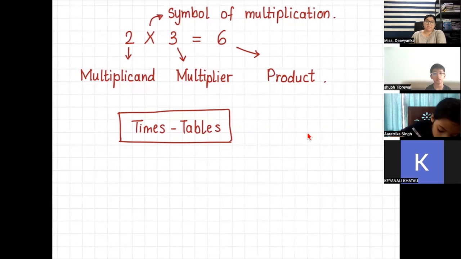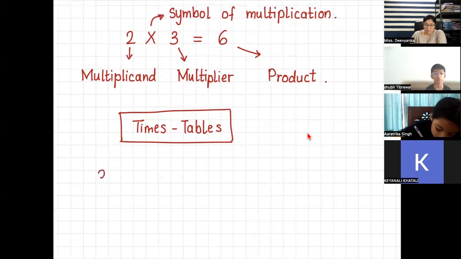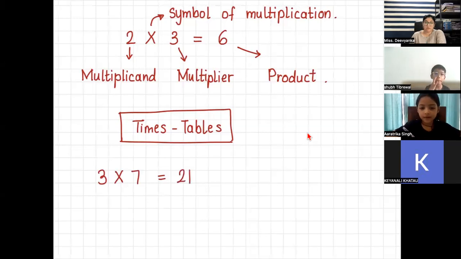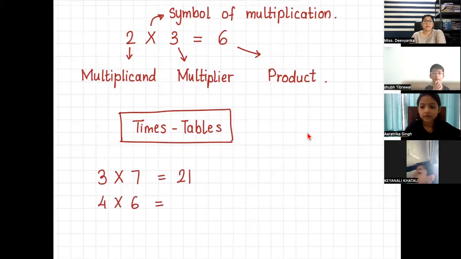Now let's look at some examples. Let's say I am doing 3 multiplied by 7. What is the answer? 21. Very good. If I am doing 4 multiplied by 6, what is the answer? 24.